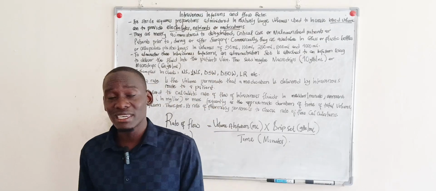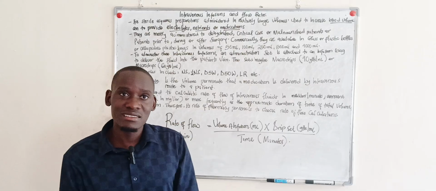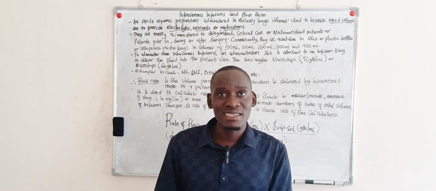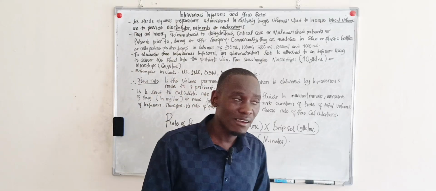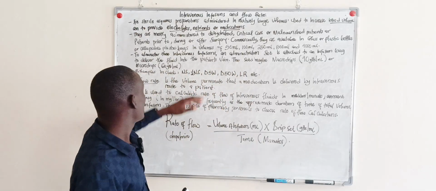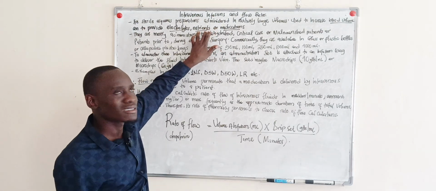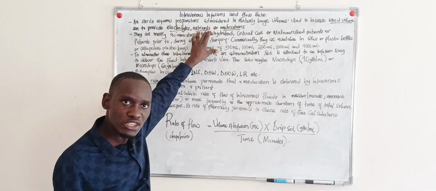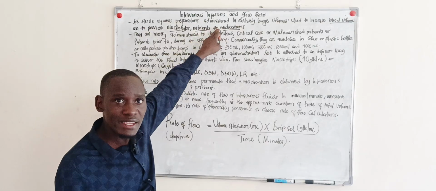So to replace them, we can administer an intravenous fluid, for example, Ringer's lactate, or normal saline, or other kinds of fluids. Then the other one, they provide nutrients to malnourished patients, or those in critical care, or they are used to administer medications.